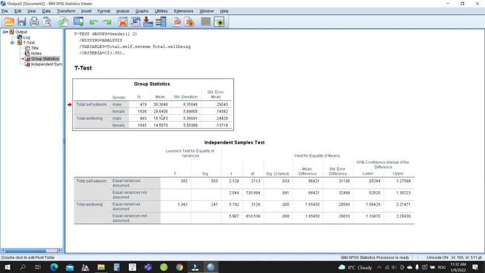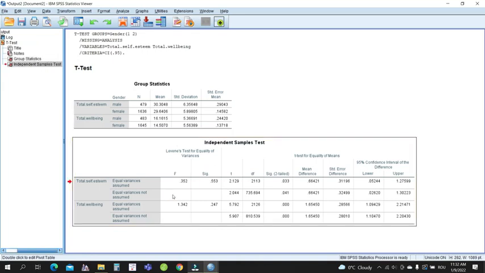Now, let's find out if these differences are statistically significant. And this information is presented in the second table. Now, please take into consideration the following principle. There are two versions of the t-test based upon the answer to the following question.